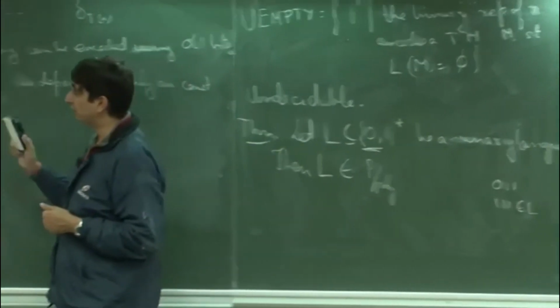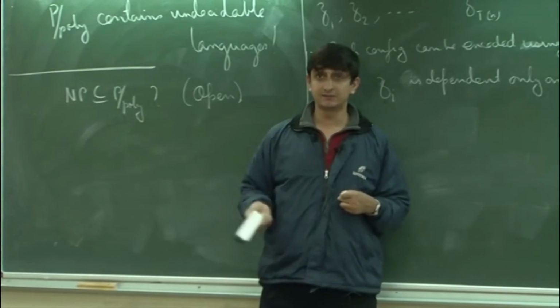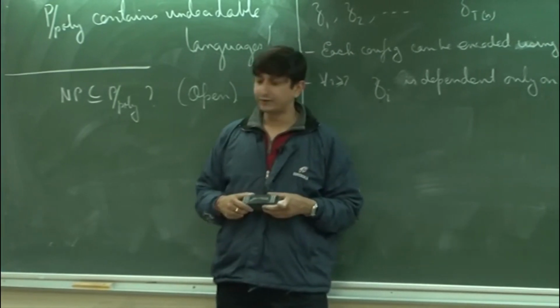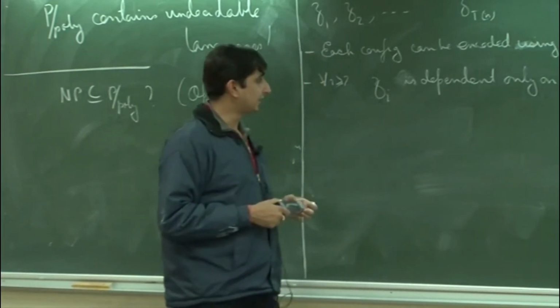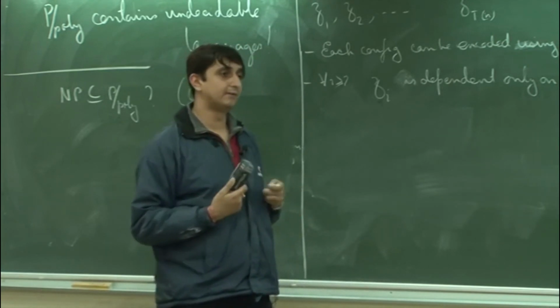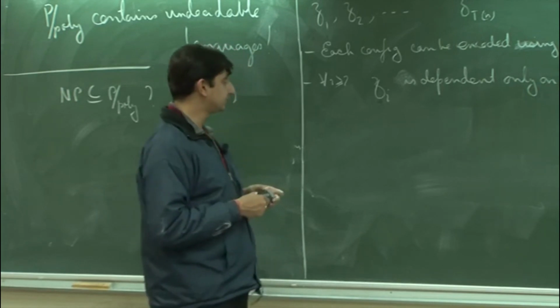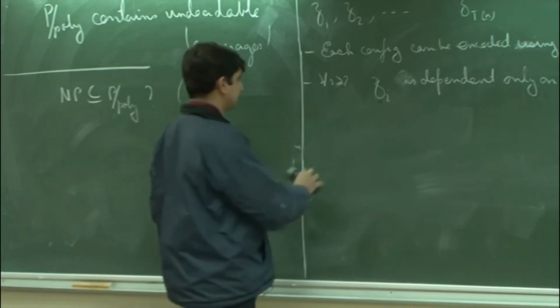In fact, we will look at something of that flavor, I guess not today, either tomorrow or in the next class, where we will show the existence of functions which cannot be computed by circuits. So, there do exist Boolean functions which cannot be computed by circuits.